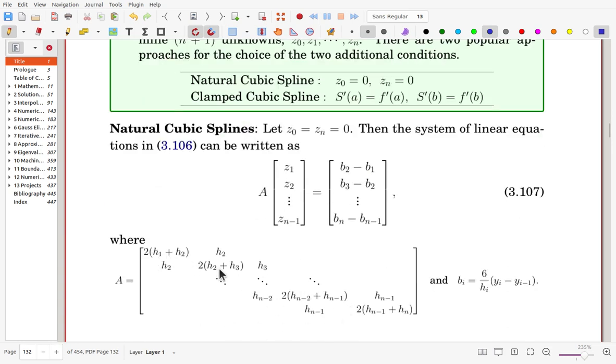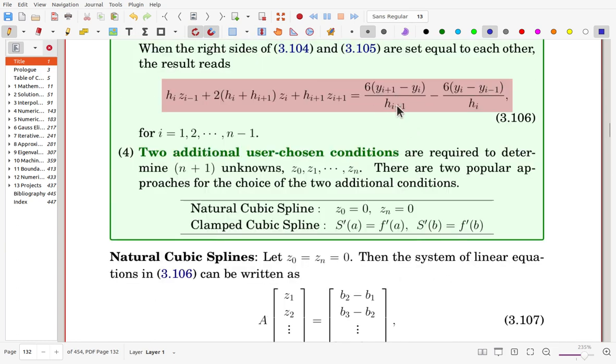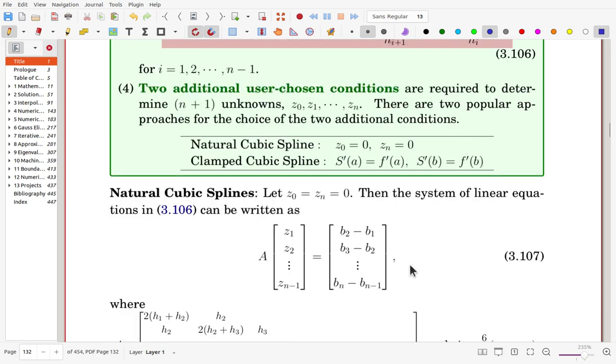Now there's matrix A, an unknown vector, and the right side over here. For that one, we define this as p_{i+1}, and so that is p_i. So this is p_{i+1} minus p_i. So that is the right hand side.